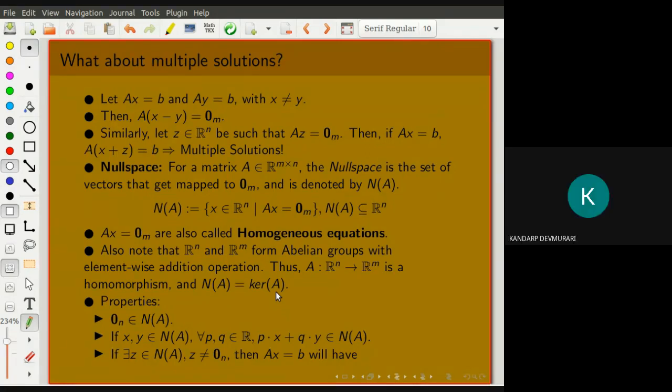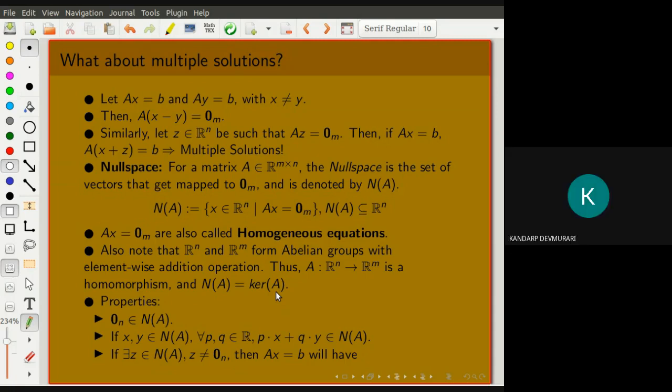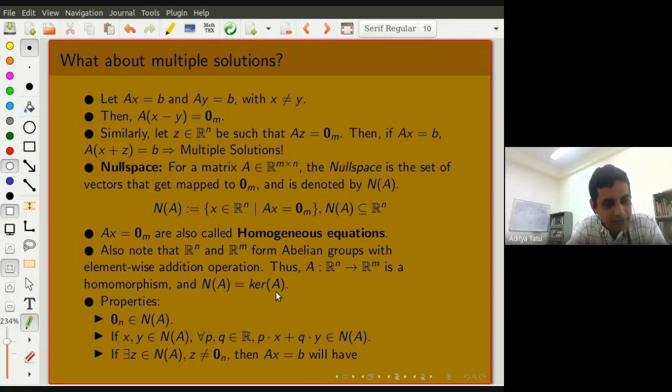If A is a non-zero matrix, why should A be non-zero? Okay, for any non-zero matrix A and a non-zero B. Why non-zero B? What is the problem if B is 0?